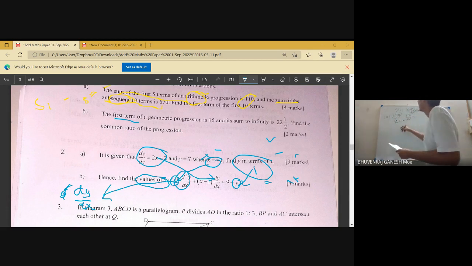So we do normal differentiation another time and get 2. And in 2a, they also gave the y equation, so y also has to be substituted here. If you don't substitute y, your equation will have x and y, and the question says values of x.